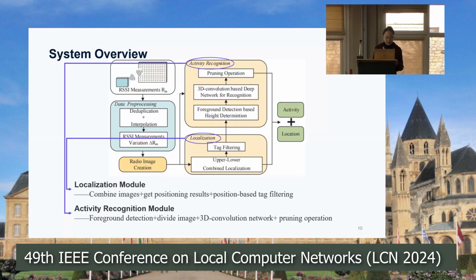For identifying the behavior category, the activity recognition module first adopts the foreground detection method to assist in determining the human's height. Then we divide the simplified image into two parts corresponding to the upper and lower limbs. The 3D convolution-based deep learning network is trained to identify the motions of the two parts. Finally, when forming the whole-body activity recognition result, the pooling operation can improve recognition accuracy while reducing the computational overhead.